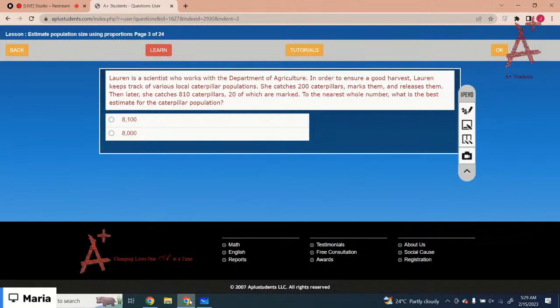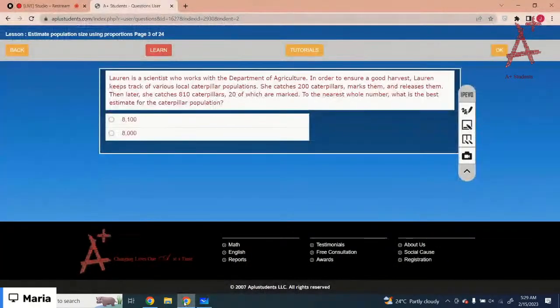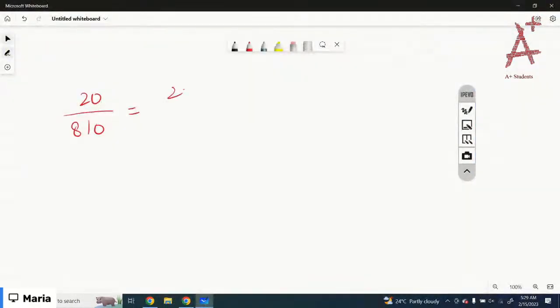So it would be 20 over 810. 20 are marked out of 810, and the ones he marked are 200. You have to calculate the total population. Just do cross multiplication: 20 times P equals 200 times 810.